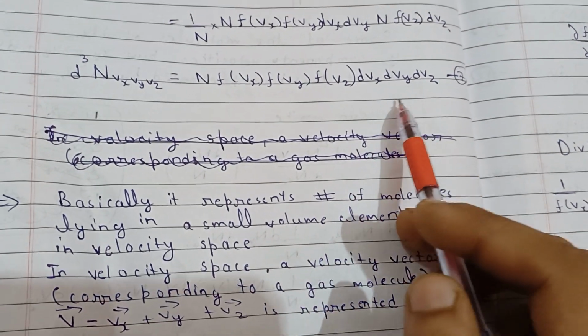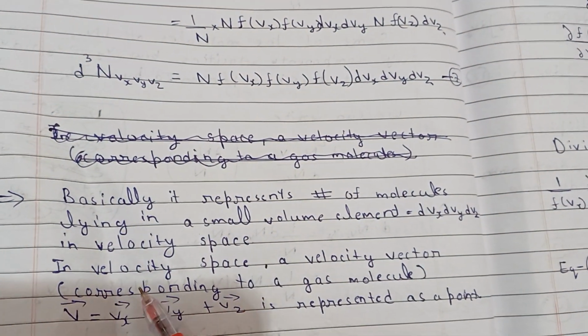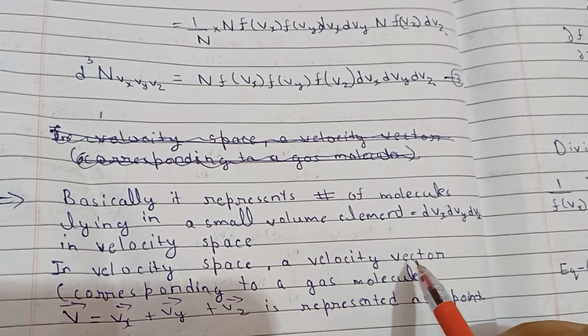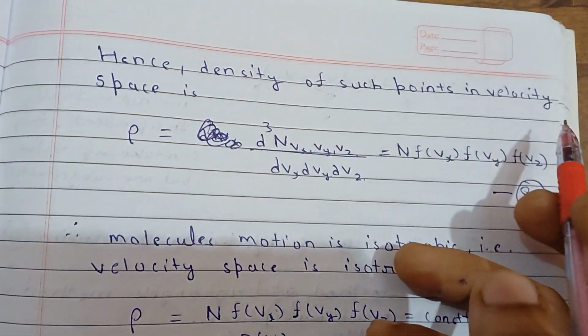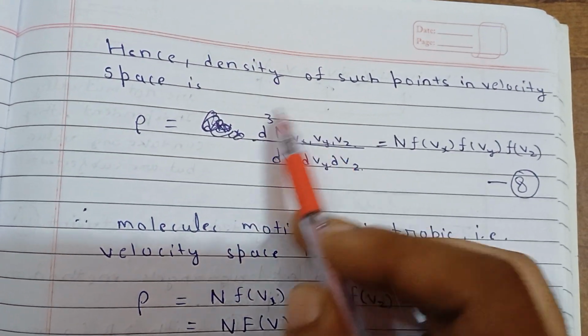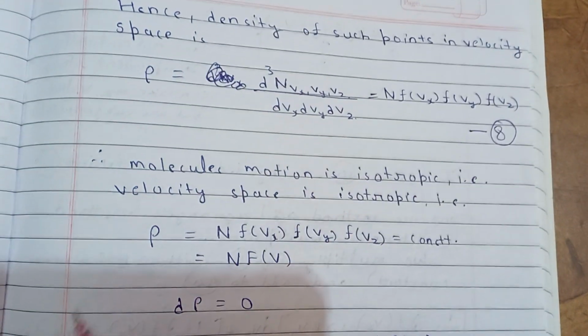Basically it represents the number of molecules lying in a small volume element dvx dvy dvz in velocity space. In velocity space, a velocity vector corresponding to a gas molecule is represented as a point. So I already told you this point. Hence the density of such points in velocity space is given by the number of particles per unit volume, n f(vx) f(vy) f(vz).